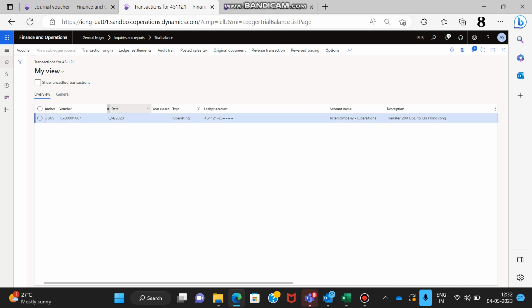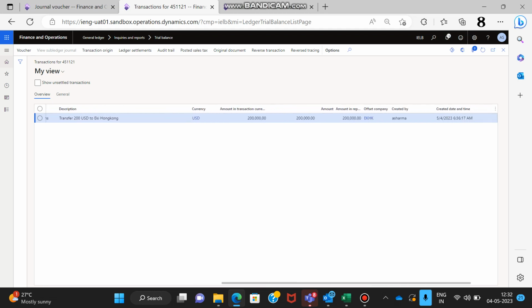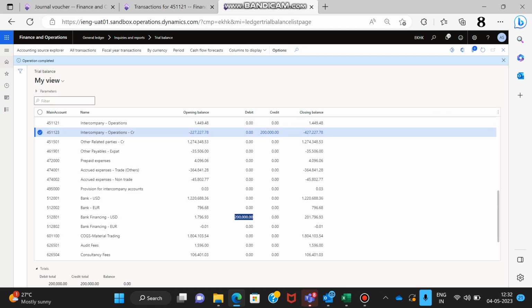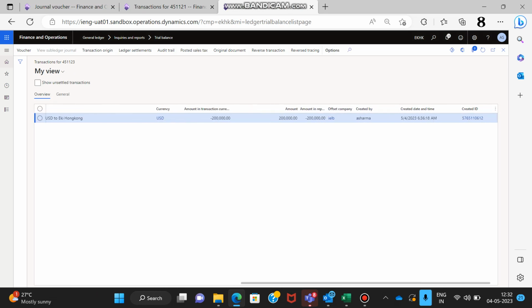In the books of IELB, the transaction was done for Ekistruck Hong Kong, so on the offset company side you can see it is Ekistruck Hong Kong. Similarly, in the books of Ekistruck Hong Kong, you will find the transaction has come from IELB Lebanon. That is how the intercompany transaction would be done.